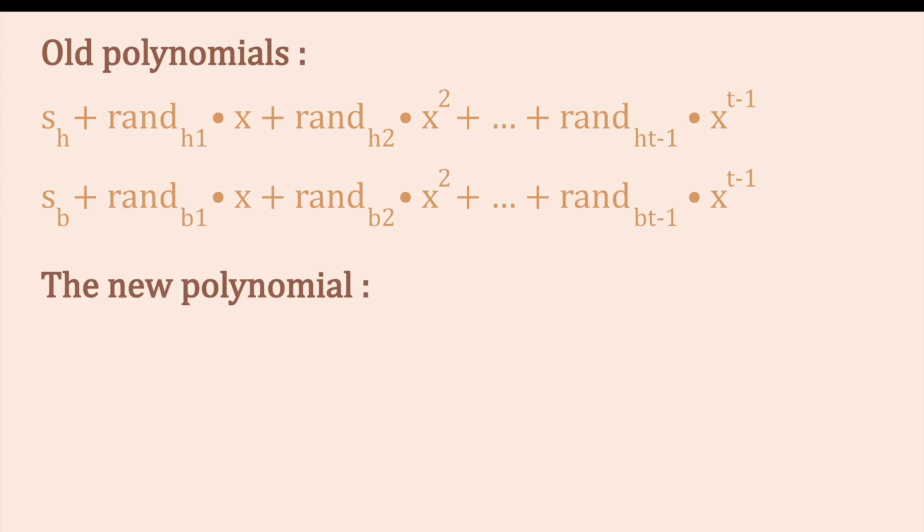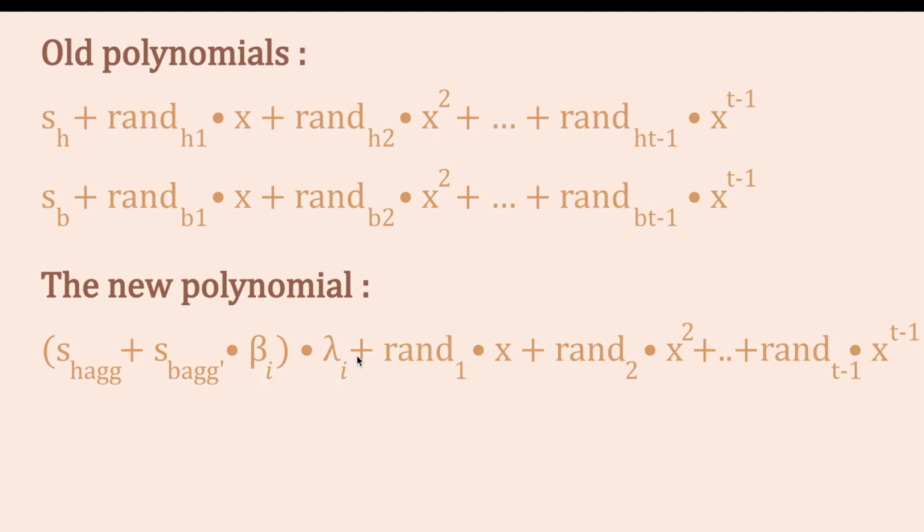And to create a new polynomial, say to kick out a member or add a new member, we create a new polynomial with the constant term being my hiding aggregate secret share plus my binding pre-aggregate secret share times the binding value times the Lagrange, with the rest of the polynomial.